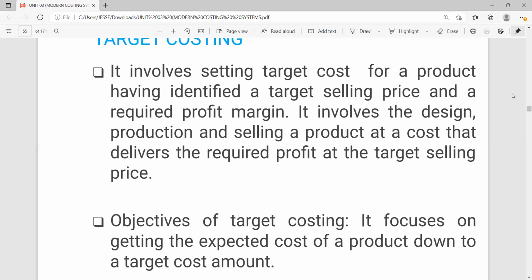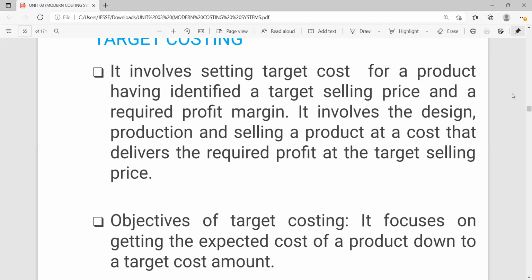So what they do is that they design the product in such a way that it will only take $7,000 to produce it, basically. So they set the selling price first, set the profit margin, and then structure the product in such a way that it's able to meet the cost criteria that they've set.